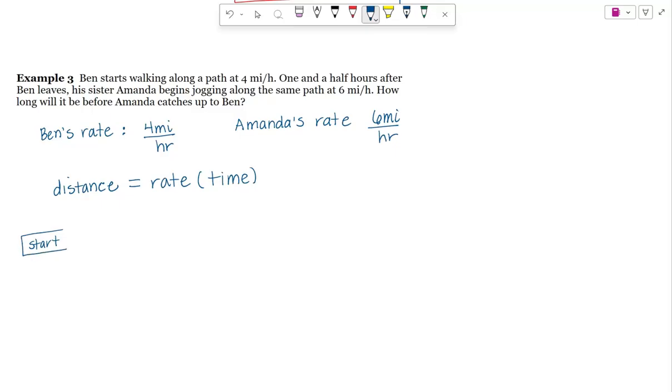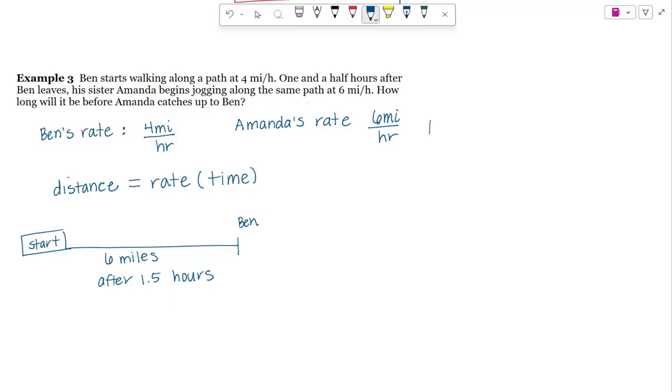I'm just going to draw a little picture to kind of guide our thinking. And so 6 miles is the total distance that would be traveled after 1.5 hours. This is for Ben. How did I figure that out?